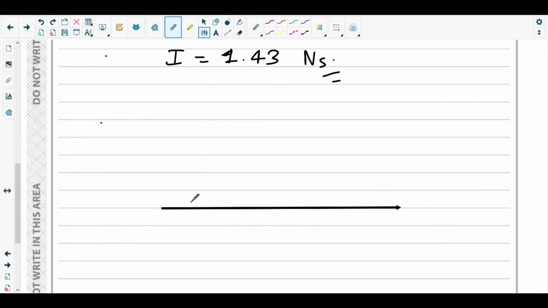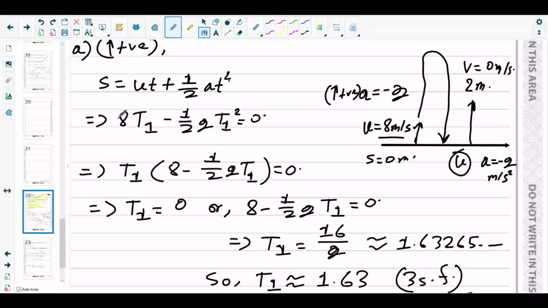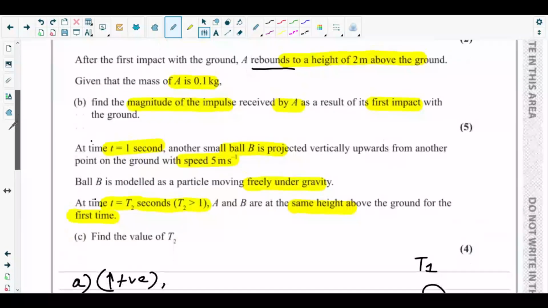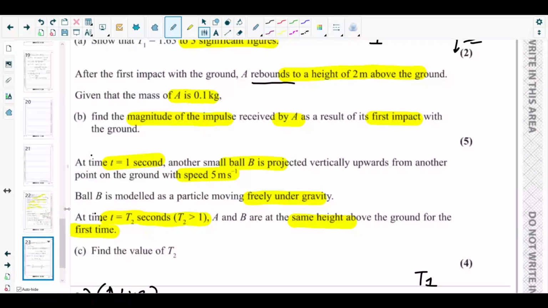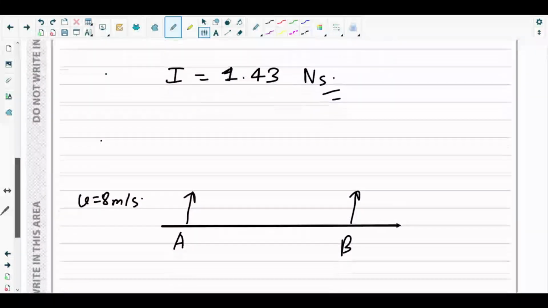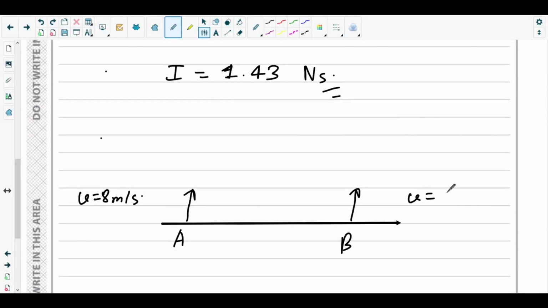This is ball A and this is B. For ball A, initial speed is 8 meter per second, and for ball B, the initial speed is 5 meter per second.